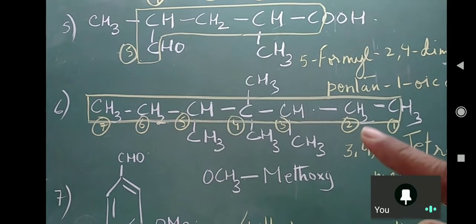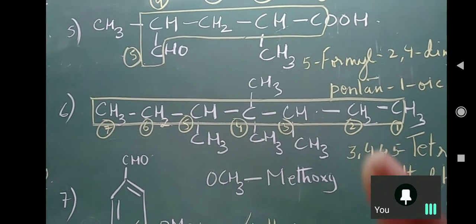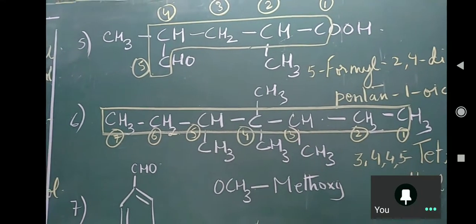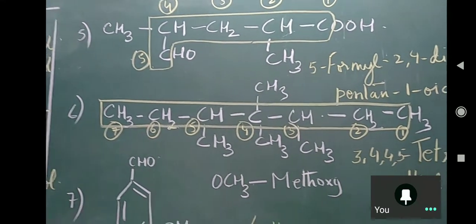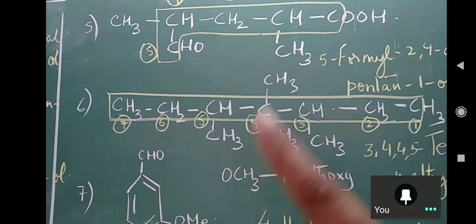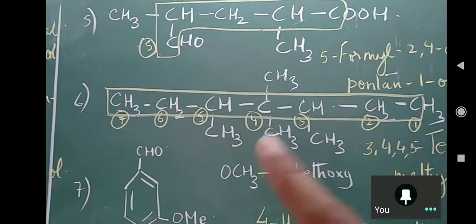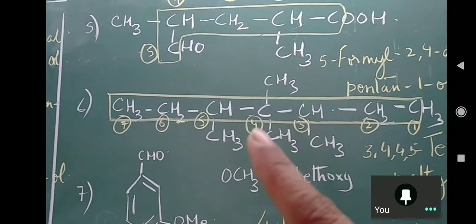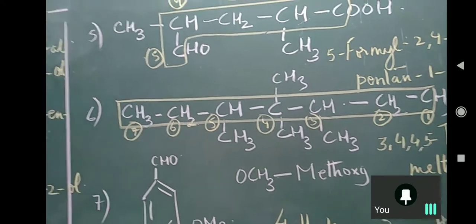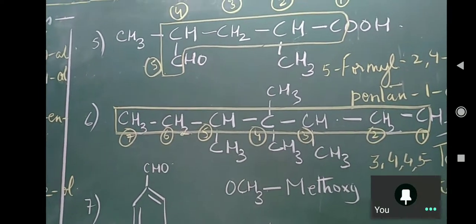Heptane. Okay. Now I apply the lowest sum rule. From this side, 1, 2, 3, 4. 2 methyl groups are there, na? And here 1, 2, 3, 4. Both are the same. You can number from here or from here.